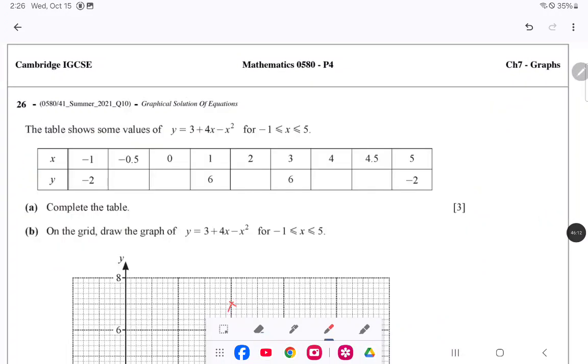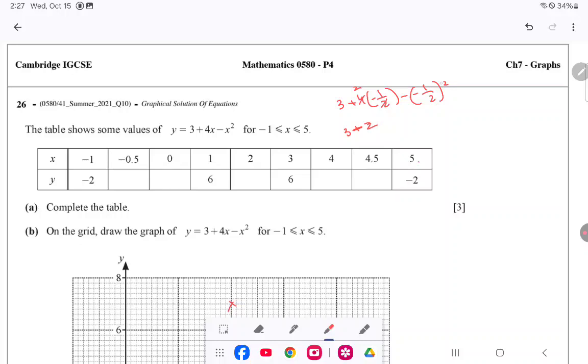So in question number 26, the table shows some values of y for an equation in which x is less than or equal to 5 and greater than or equal to negative 1. If we put x equals negative half in the equation, it will give 3, 2 into 2 is 4, so negative 4 and negative 2, negative negative positive.